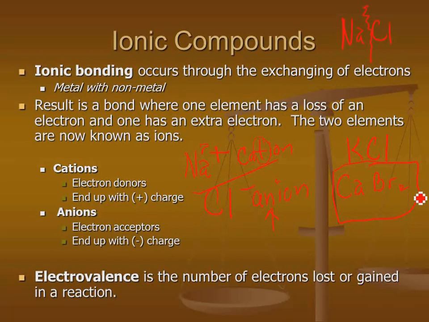So you end up having an electrovalence of 2, because there are 2 electrons that calcium has given up. Does this concept make sense? Okay, good.